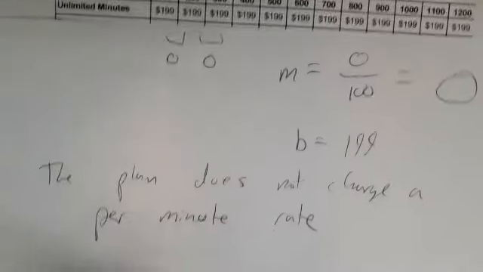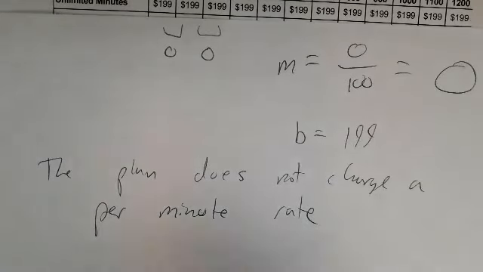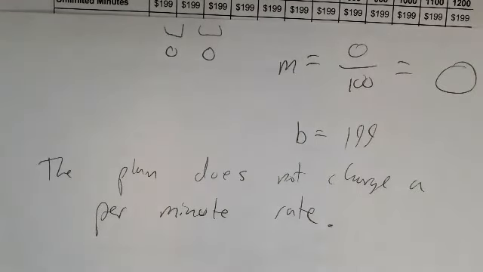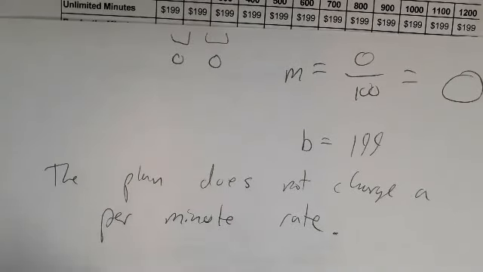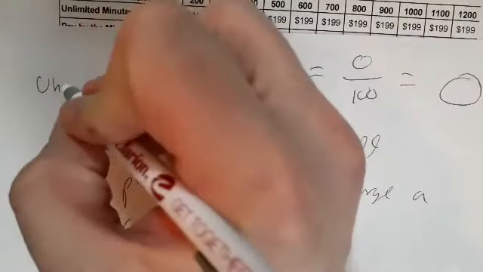So the unlimited plan does not charge a per minute rate. Or you could say they charge $0 per minute. That's also another way of saying it does not charge. Both of those would be acceptable. And so we have the unlimited plan.